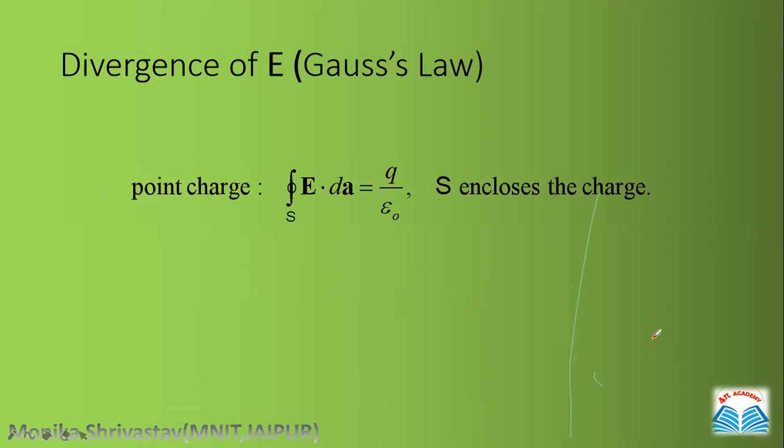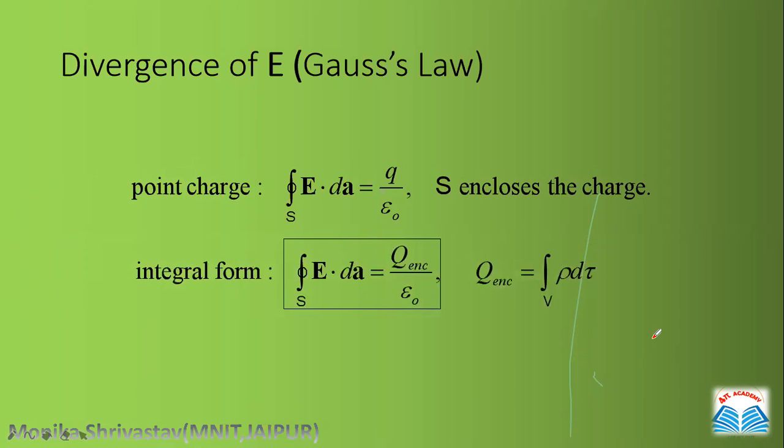For a point charge, if S is the surface enclosing that charge, we get the closed integral over S of E dot dA equals q over epsilon naught. You know all the meanings of those terminologies. The integral form is the closed integral of E dot dA equals Q enclosed over epsilon naught. What is that Q enclosed?